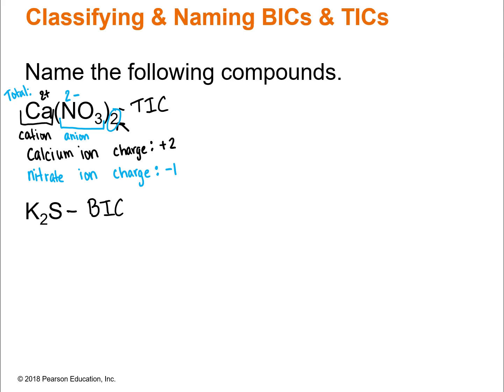We're looking at the nitrate ion all together. So the nitrate ion has a charge of -1. The total charge from both of the nitrates is -2. We're not looking at the individual charges of the nitrogen and the oxygen. We're looking at it as a whole entire unit. Does that make more sense? Yeah. So don't try to separate anything out when you're looking at a polyatomic anion. You're looking at it like it is one unit.